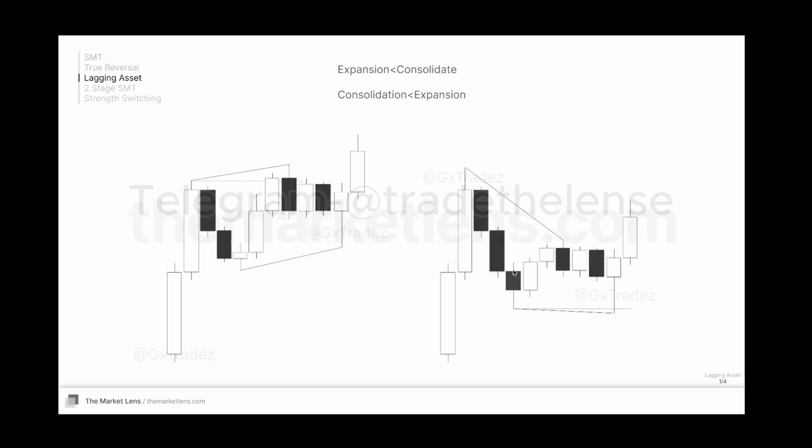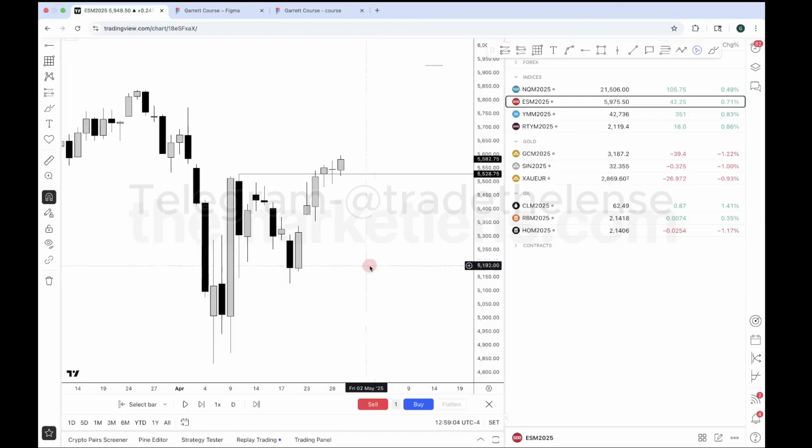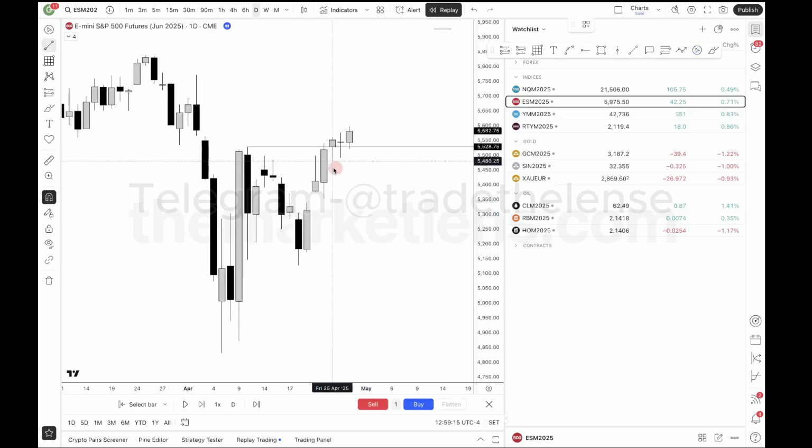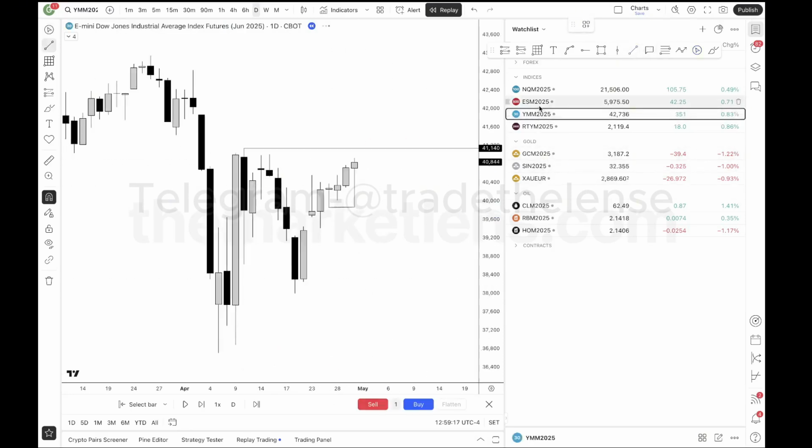What's the ideal scenario for price to catch up? It's this. The asset that was lagging actually switches strength to the stronger asset. So what do we see here? Boom. Look at this Friday low, it creates a higher high over here. Whoops, it's not registering, hold on.